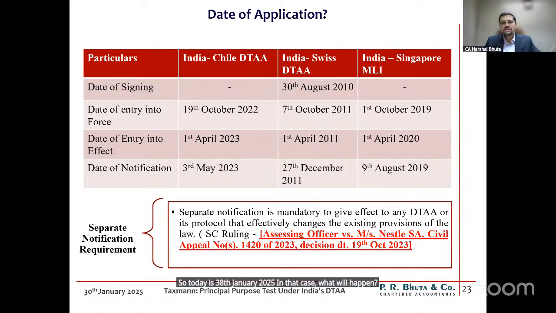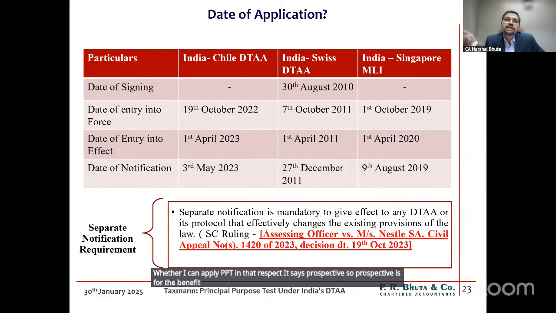If I go as per the CBDT circular, it has to be applied prospectively after the date of entry into force, so 19th October 2022. Whether I can apply PPT in that respect, it says prospective. So is prospective for the benefit, or prospective for the date of entering into that arrangement?